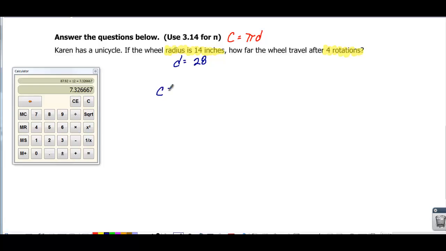In this case, the circumference will be 3.14 times 28, which gives us 87.92. That is one rotation.